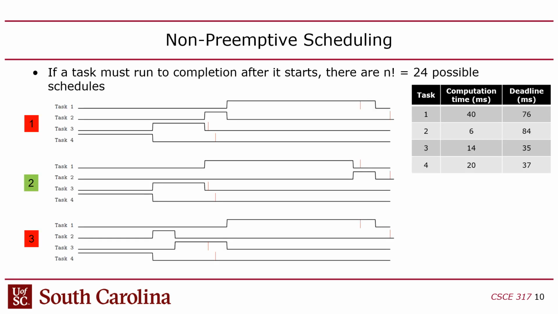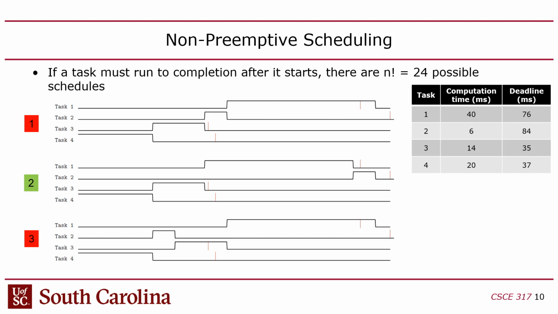If we assume there's only one CPU, so only one of these can run at a time, those 4 tasks can be executed in 4 factorial possible orders, right? 4 times 3 times 2 times 1. It's 24 different orders that we can run them in.